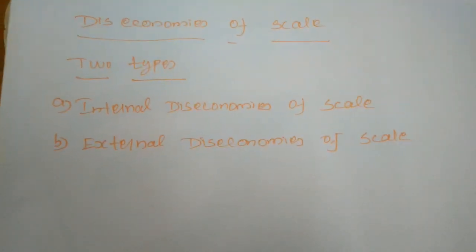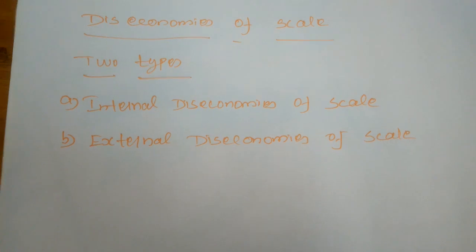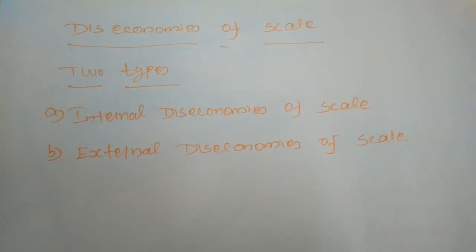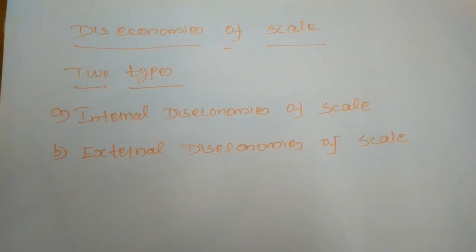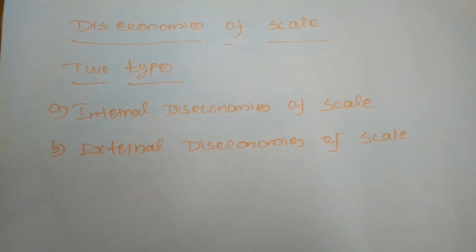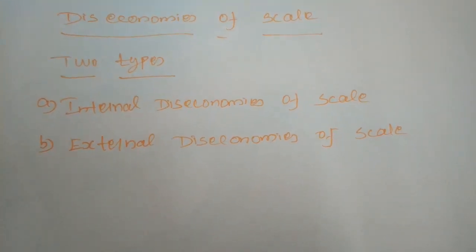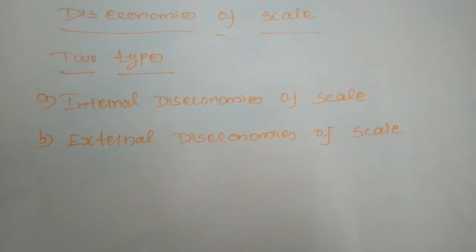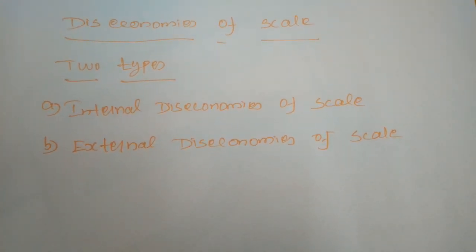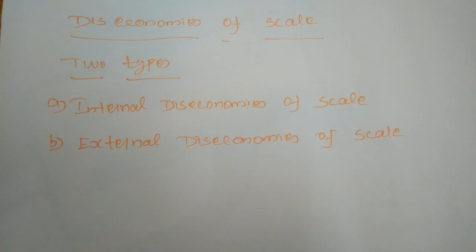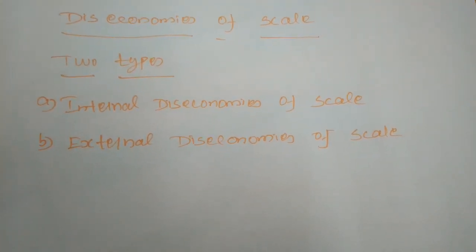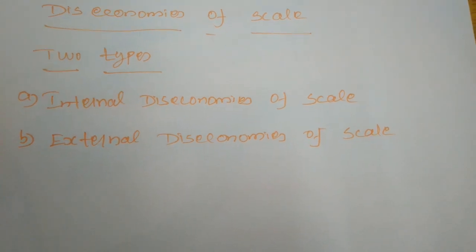First, internal diseconomies of scale: if any problem or disadvantage arises within the premises of the business organization, it is called internal diseconomies of scale. Next, external diseconomies of scale: some unnecessary things are established around the business organization and some disadvantages arise. That is called external diseconomies of scale.